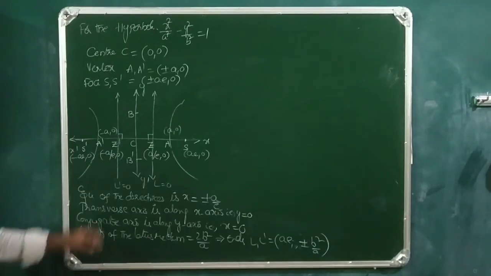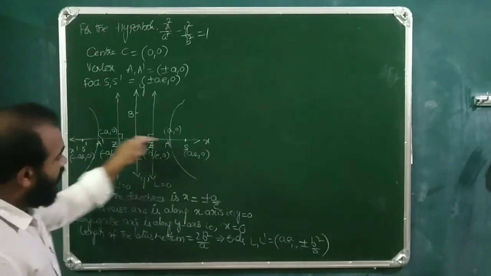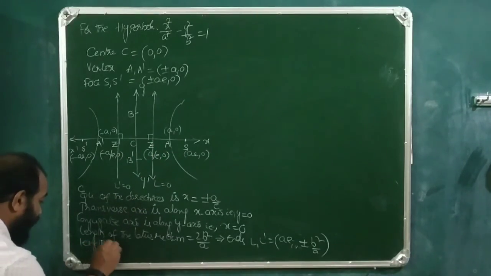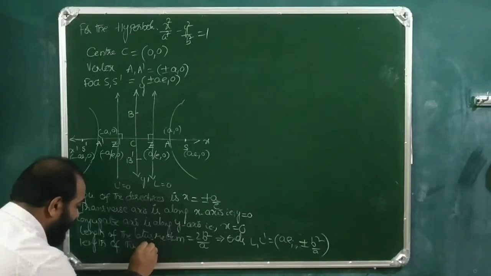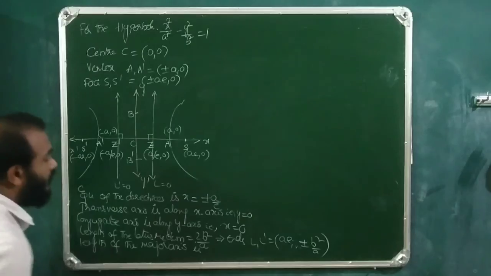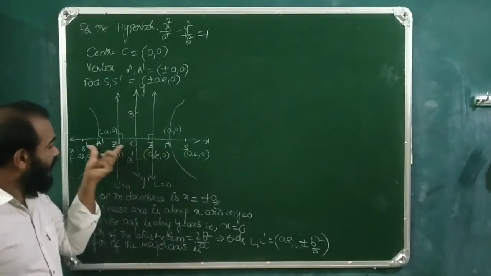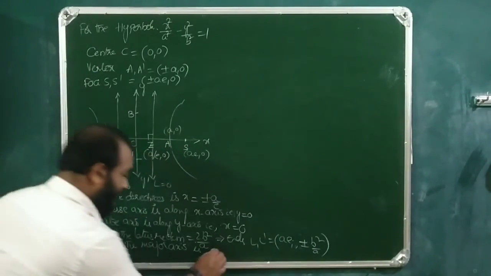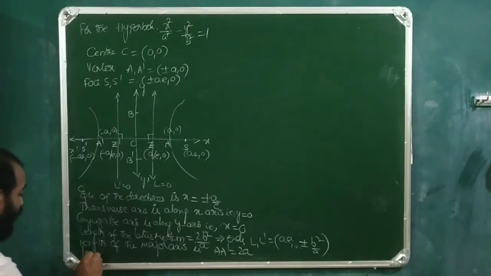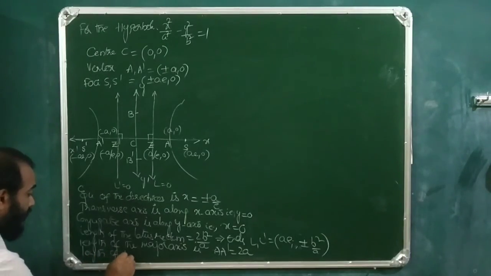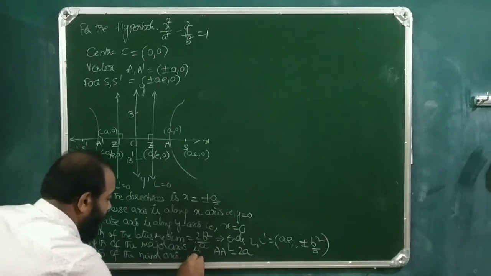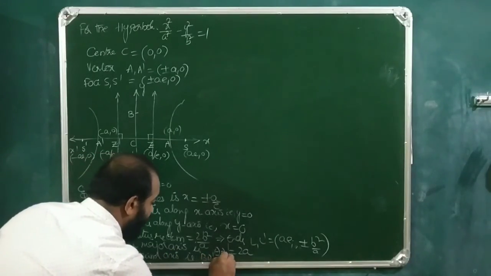Now the length of the major axis is CA plus CA dash, which is equals to 2a. Length of the minor axis is BB dash, which is equals to 2b.